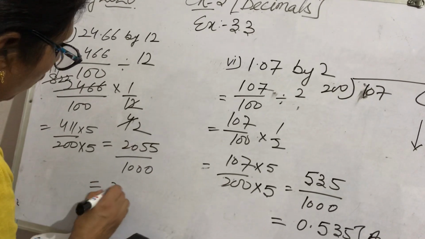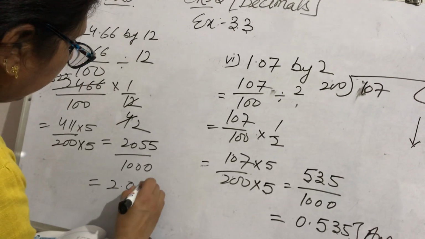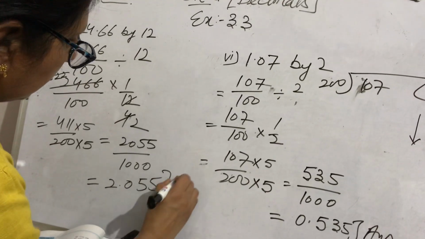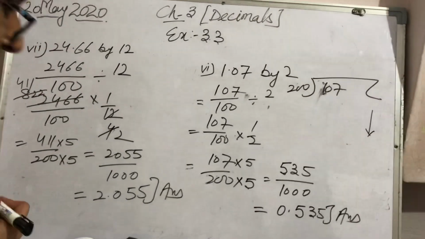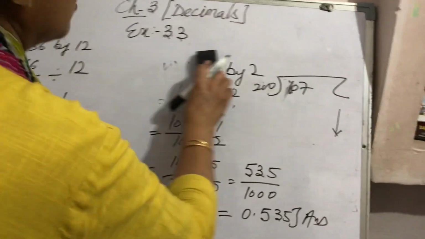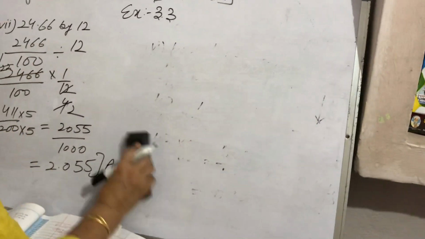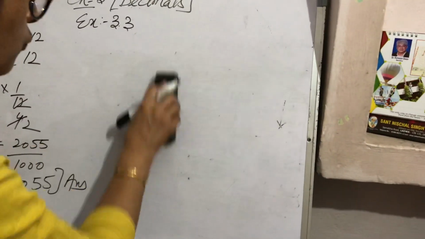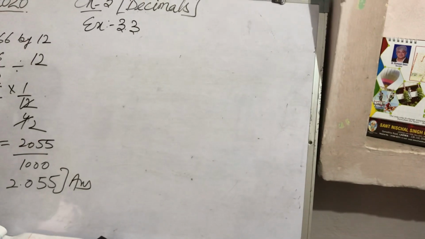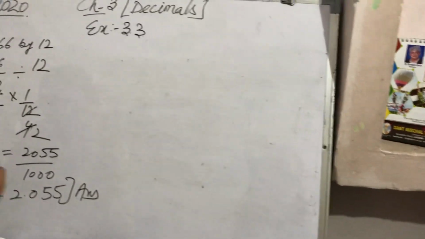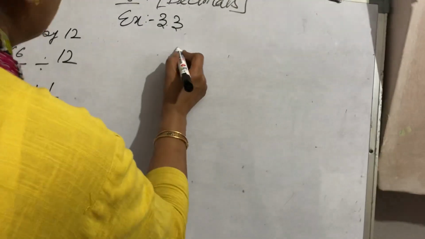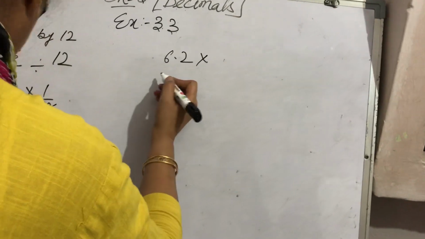So 2.055. This is the answer. Next, 8th part. It's your wish. If you want to divide by 200, you can do so. As you want, you can do the same.